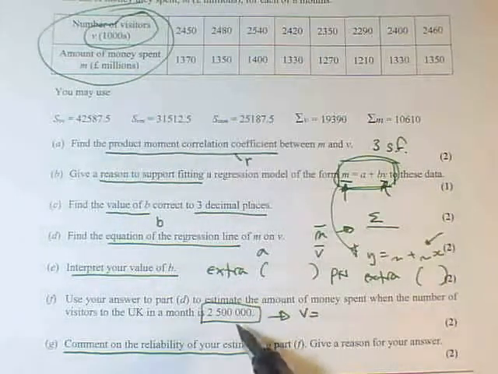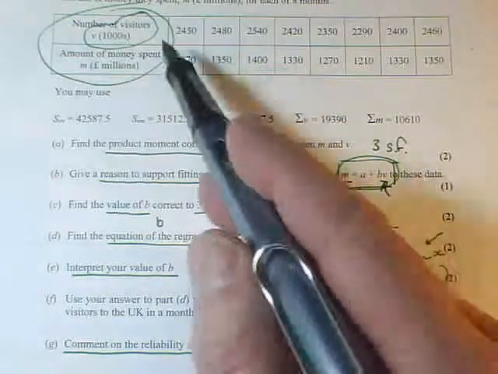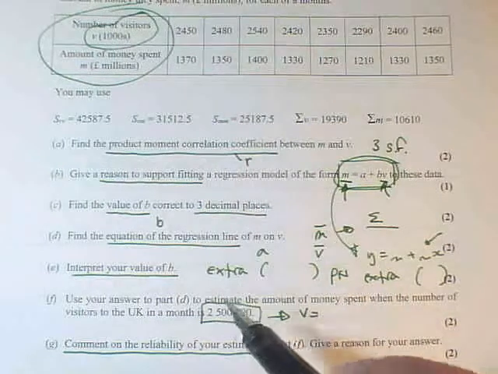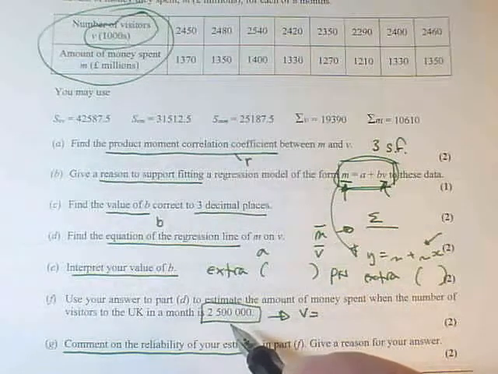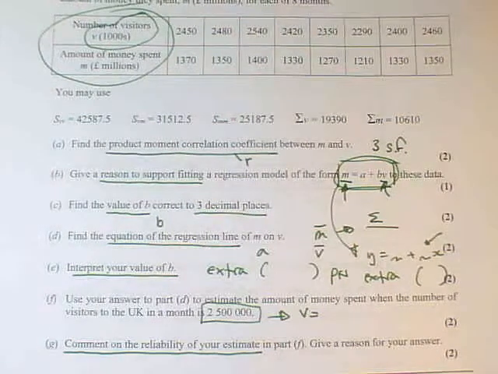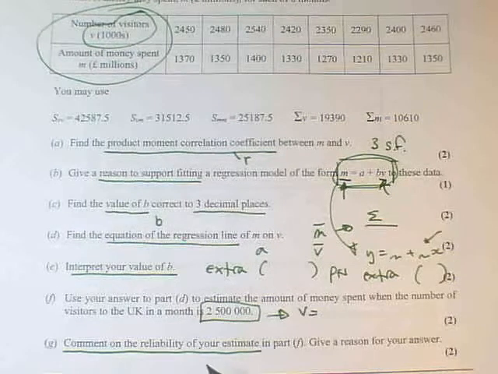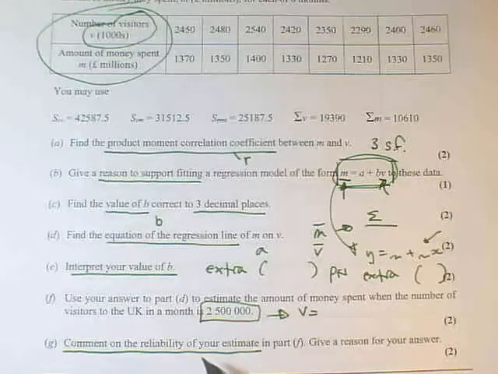Obviously, if you've used 2.5 million as V, that's way outside this range, but that's also a hint that you've done the wrong thing with V. V is not 2.5 million. It's a number not too far away from these. Is it within the range or not? I would recommend you use either the word extrapolation or interpolation for this.